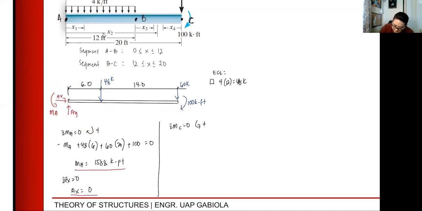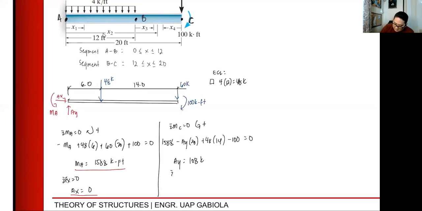So, si MA positive, si AY will be negative times 20 plus 48 times 14, and then we have counterclockwise 100 is equals to 0. So, pwedeng si MA ilagay na natin yung value, no, na 1588. Okay? So, AY natin upon calculating, 1588 plus 48 times 14 minus 100. Tapos, divide natin by 20. That is 108 kips. Okay?